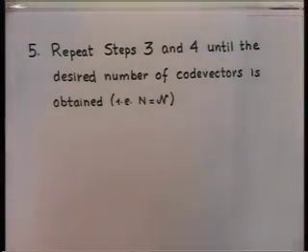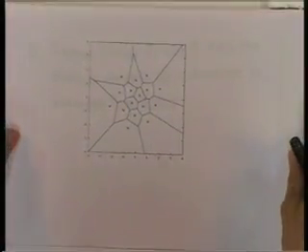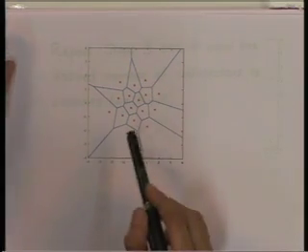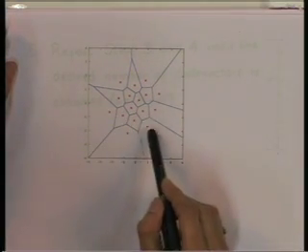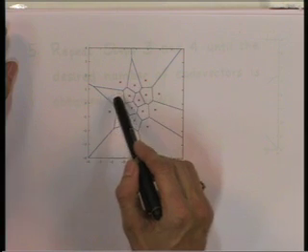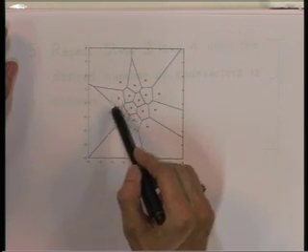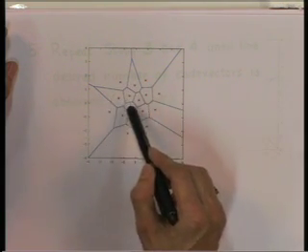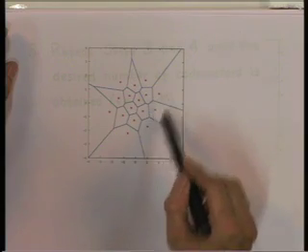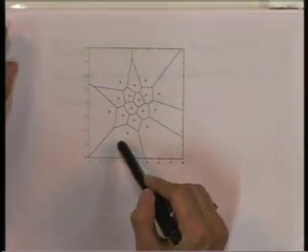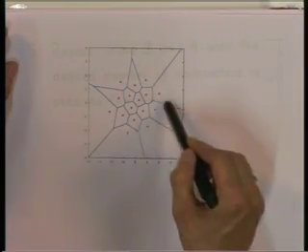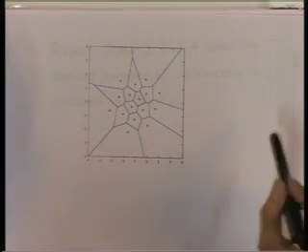So, as an example, for the case of 2 dimensions, finally we will obtain the code book in the form of code words or code vectors indicated by the red asterisks, and the Voronoi regions whose boundaries are indicated by the blue lines.